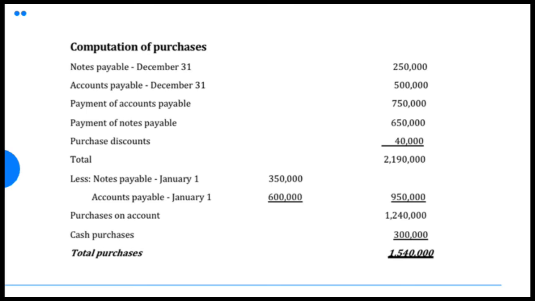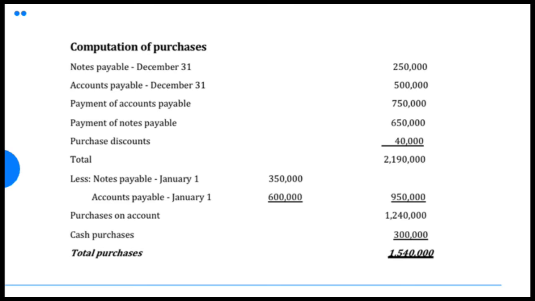So, bago natin makuha yung total purchases, kailangan muna natin makuha yung purchase on account. So, bago natin makuha yun, kailangan natin i-less sa total yung notes payable noong January 1 and the accounts payable noong January 1. So, the notes payable on January 1 is 350,000 plus accounts payable noong January 1, 600,000. So, pag pinag-add yung dalawang yun, we have the total of 950,000. So, para makuha yung purchases on account, kailangan natin i-less yung 2,190,000 and 950,000 pesos.